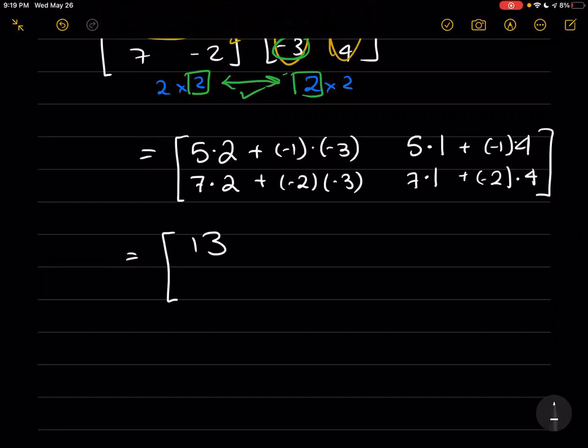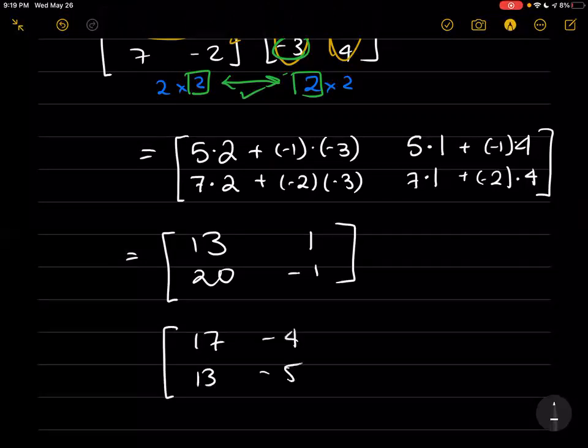So I think that works out to be 20. And then we get 5 times 1, so that's 5, plus -4, so that's going to just be 1. And then we get 7 plus -8, so it's going to be -1. That's totally different. Because remember, when we did the other way, we got 17, 13, -4, -5. That's not equal.